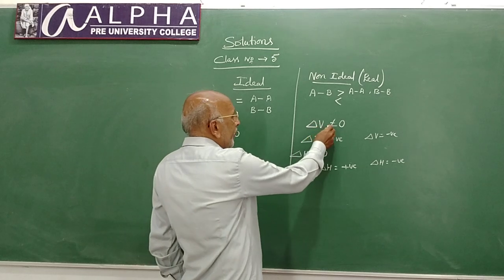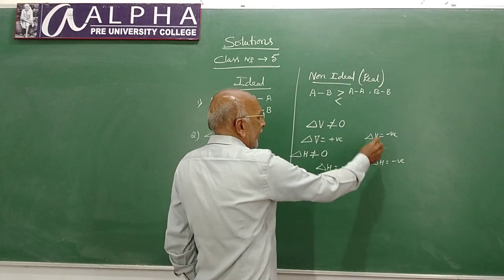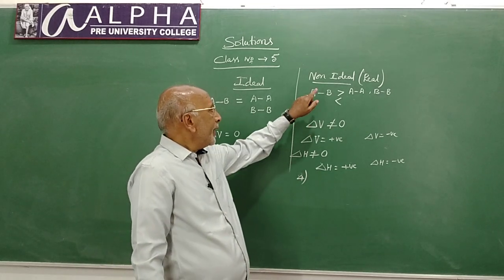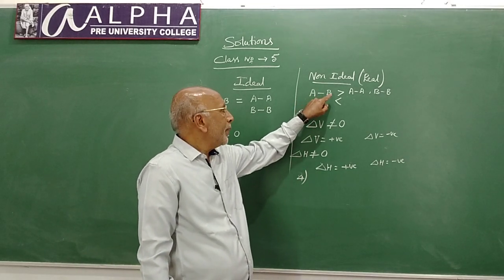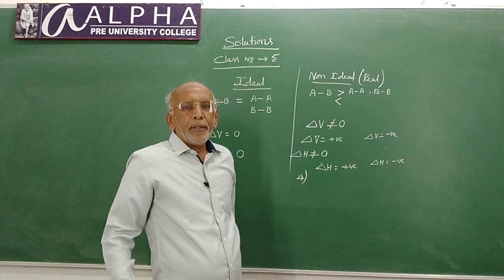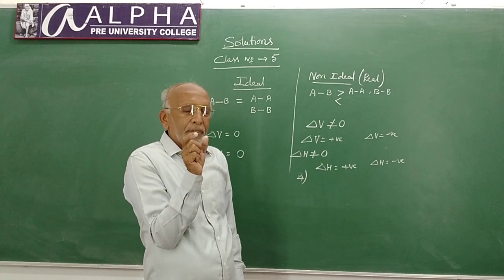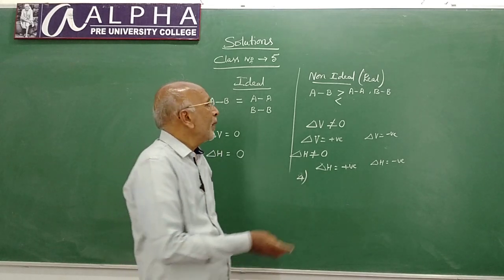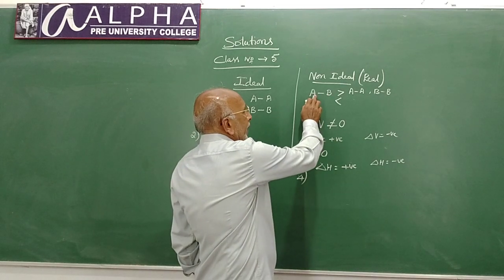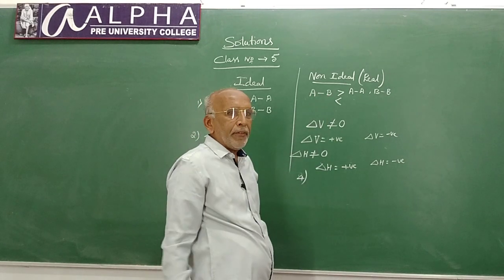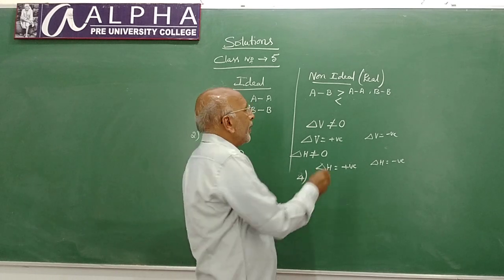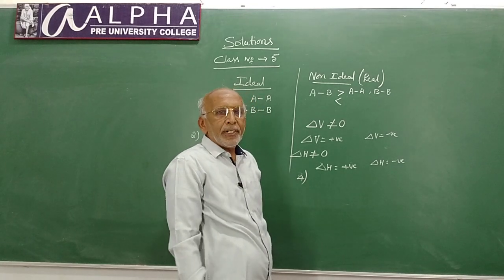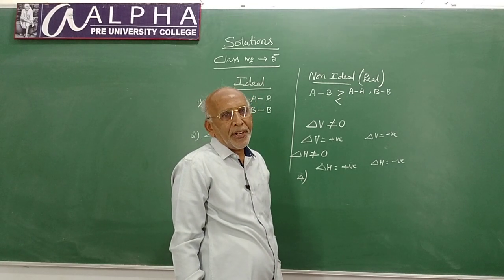Here delta V will be positive or negative, but not 0, because in this case the intermolecular distance or intermolecular force of attraction, of course they are related with each other, between the particles of the constituent liquids in the solution is not exactly the same as that which exists in the pure components.